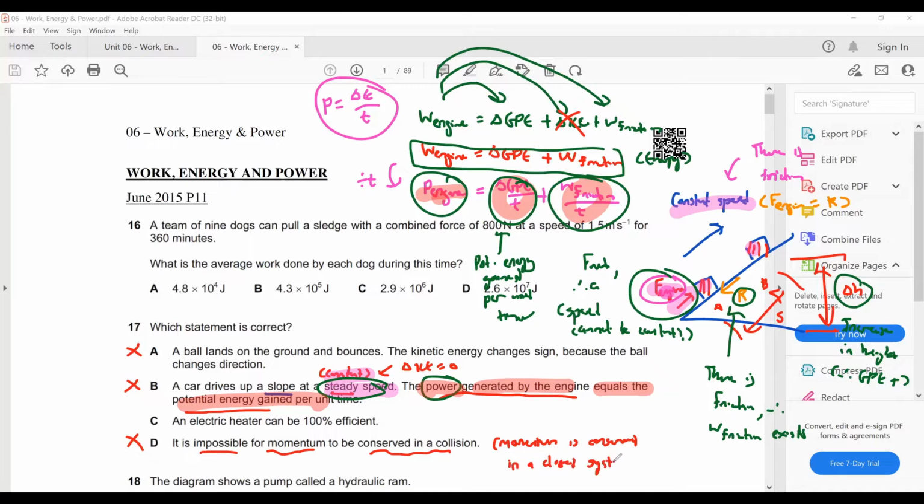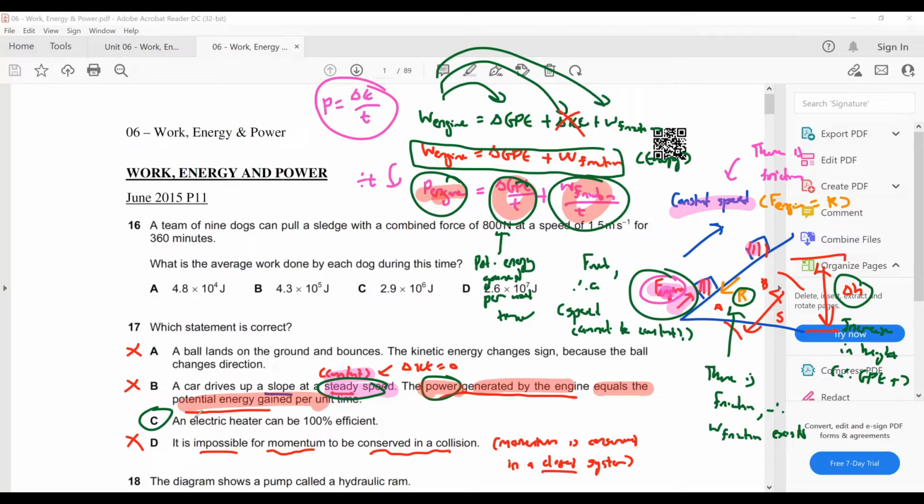We learned that under conservation of momentum, total momentum before and after collision is conserved. That total momentum before and after a collision is always conserved in a closed or isolated system. It will be conserved in a closed system, but here they say impossible to be conserved. This is definitely wrong. So your only answer choice is C, right?